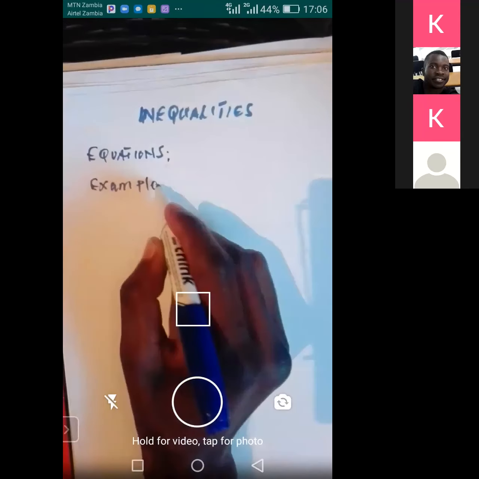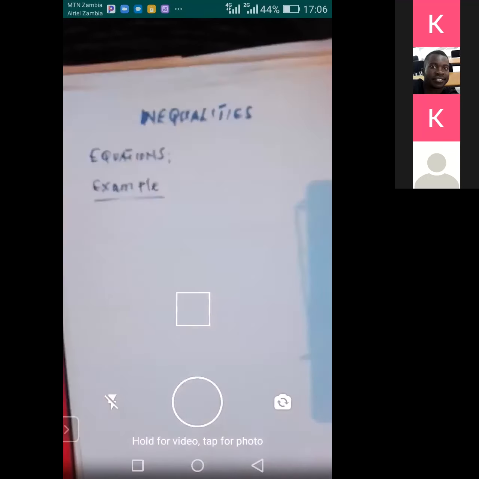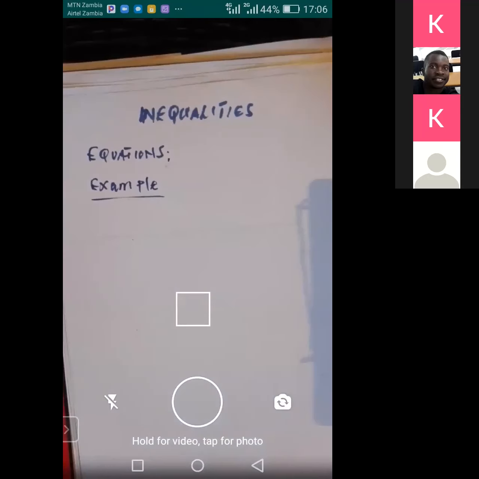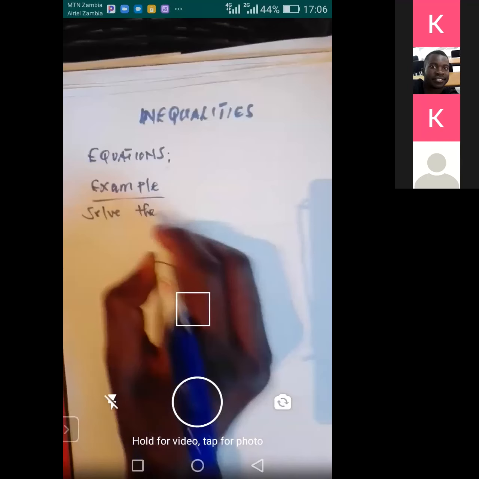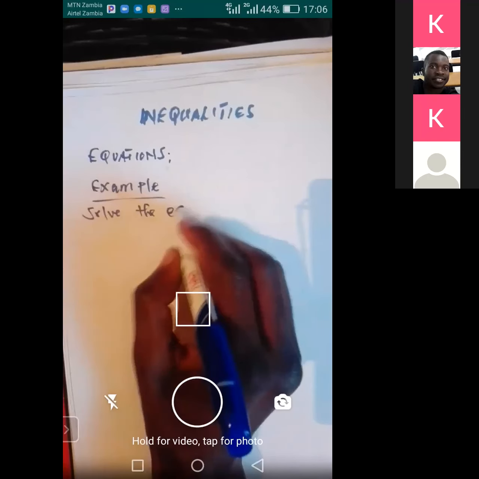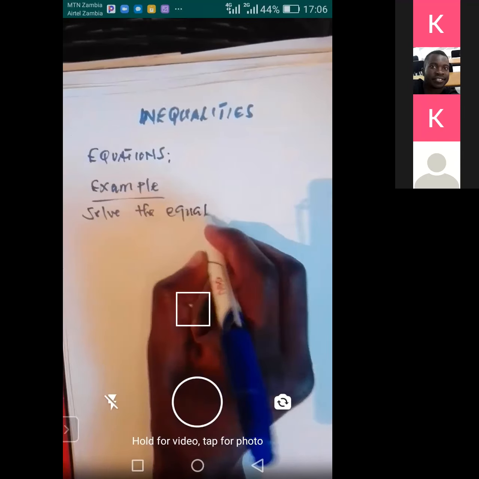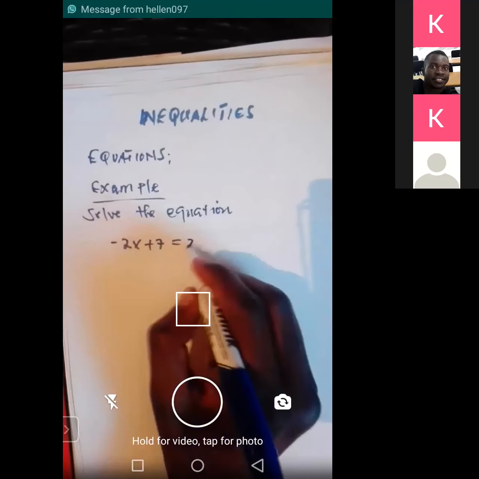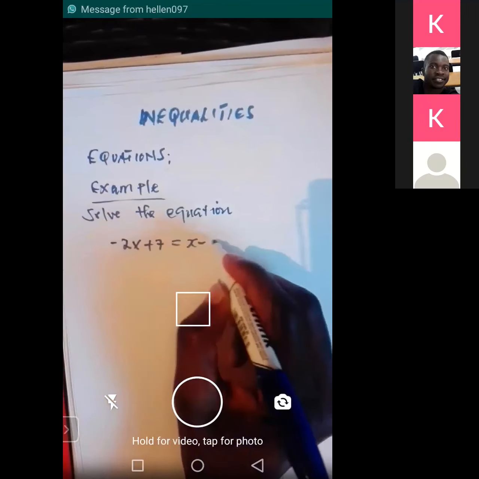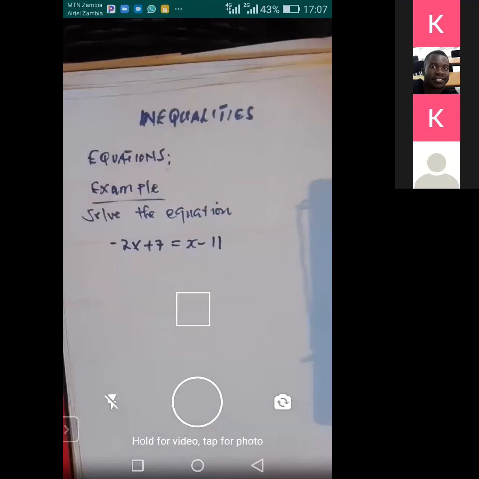Let's look at this example of an equation. Solve the equation negative 2x plus 7, which is equal to x minus 11.